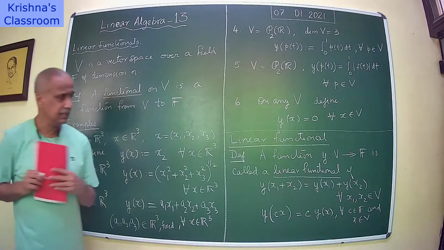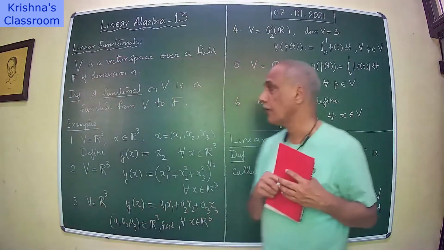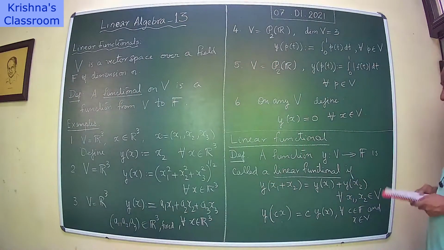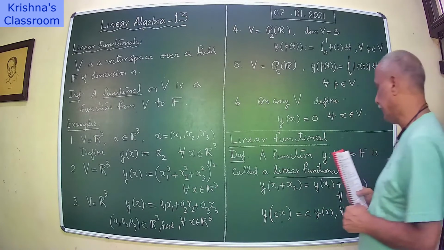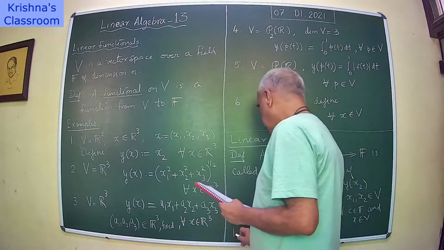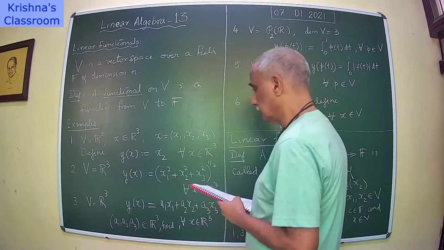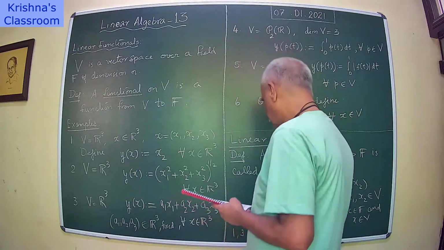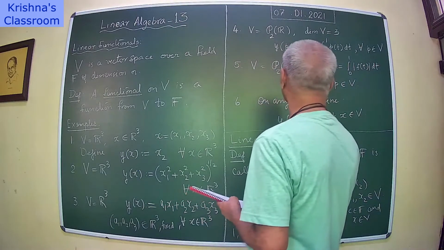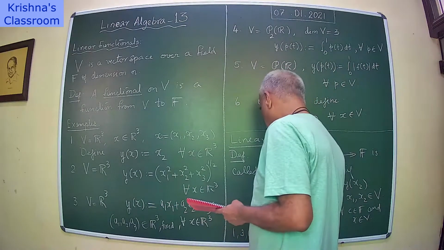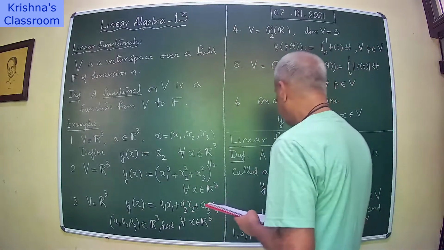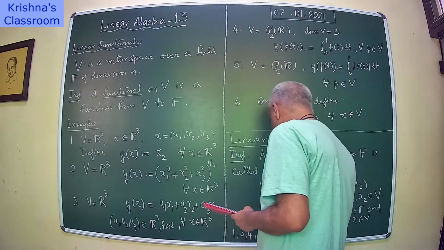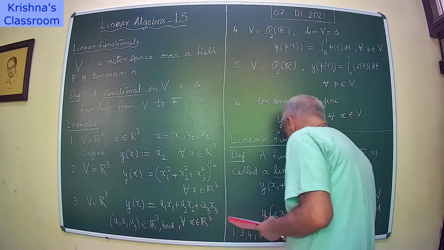Now one can easily verify that examples 1, 3, 4, and then 6 are linear.